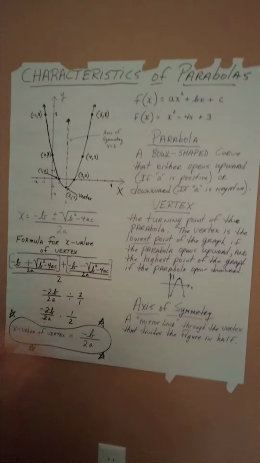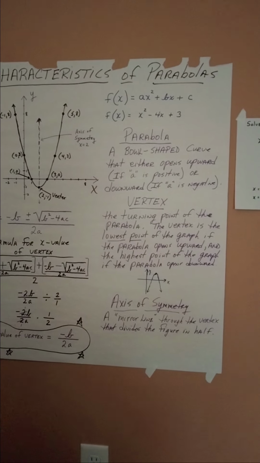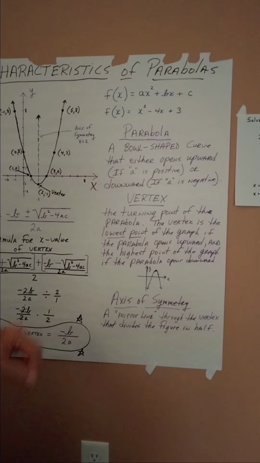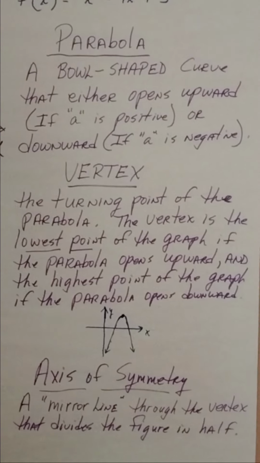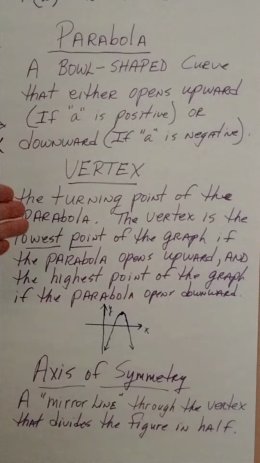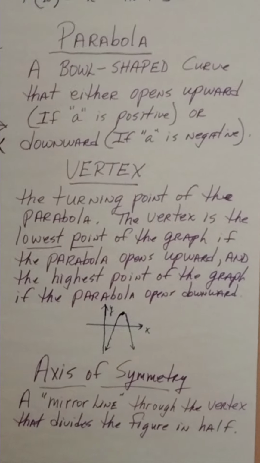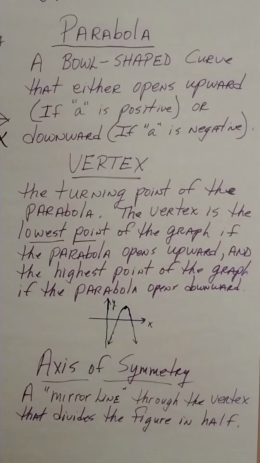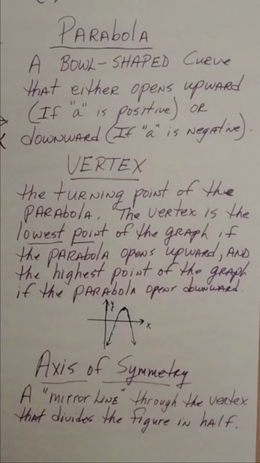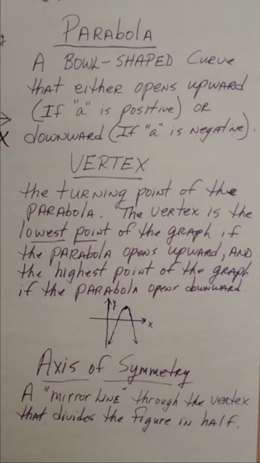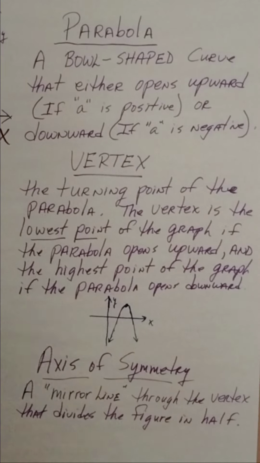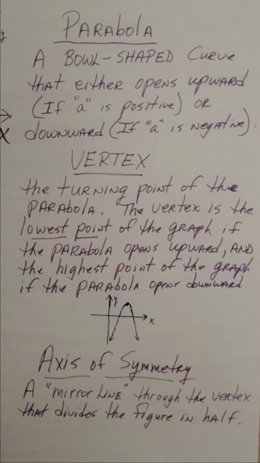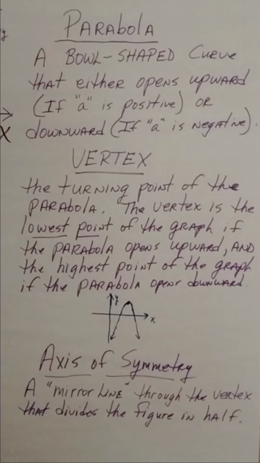Item number 2, in terms of the characteristics of a parabola, is the vertex. Now, what I'm about to say is not in print on this sheet of paper, but I'll mention it initially. The most important point on the parabola, the most critical point of the entire graph, is called the vertex.